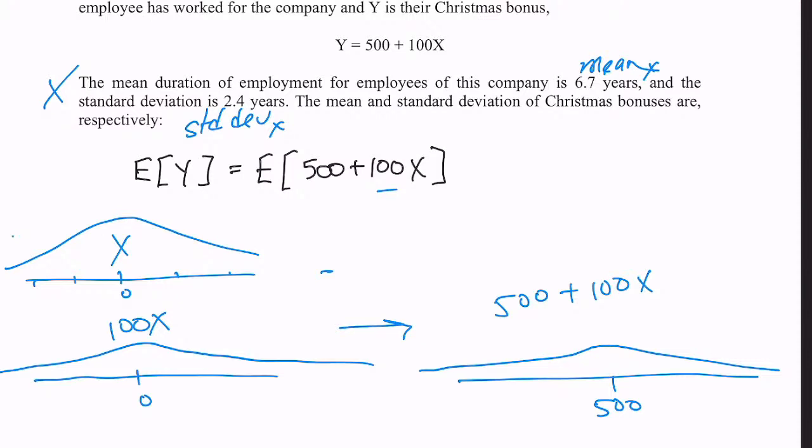So what does that do to the mean? Back to the original question, what would that do to the mean? The E means expected value.